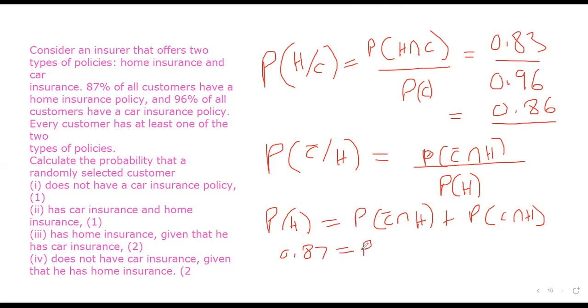Here we don't know C complement intersection H, but the probability of the intersection of H and C we have is 0.83.